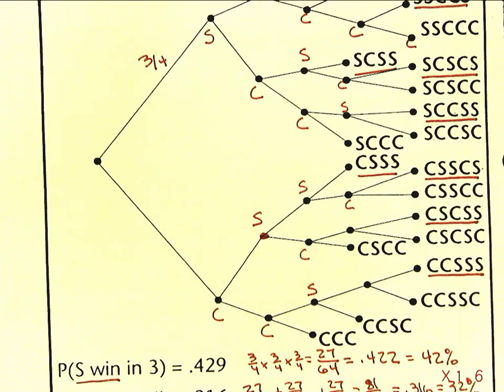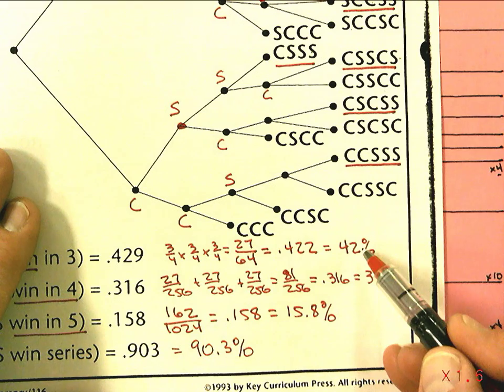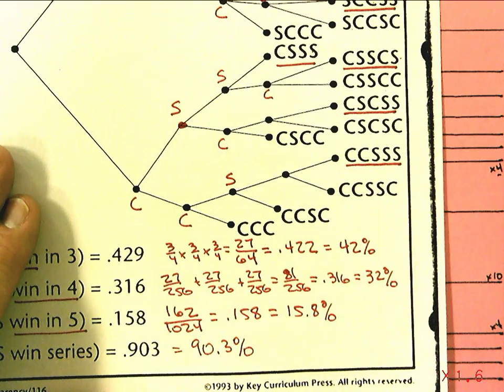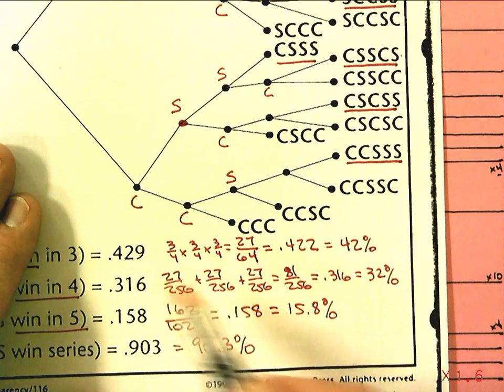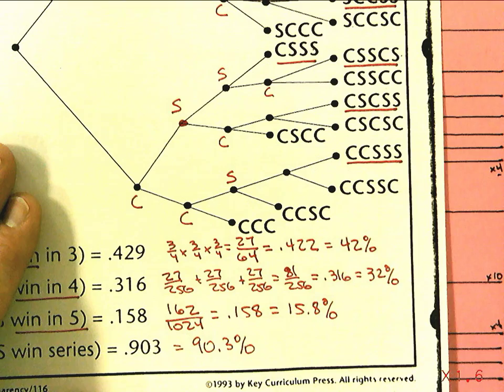This is really 90.3%. And I can check my work just by looking at my percents and asking, does 42.9% and 31.6% and 15.8% add up to 90%?